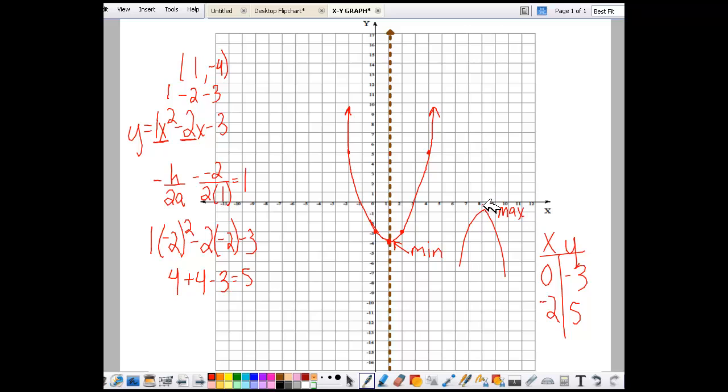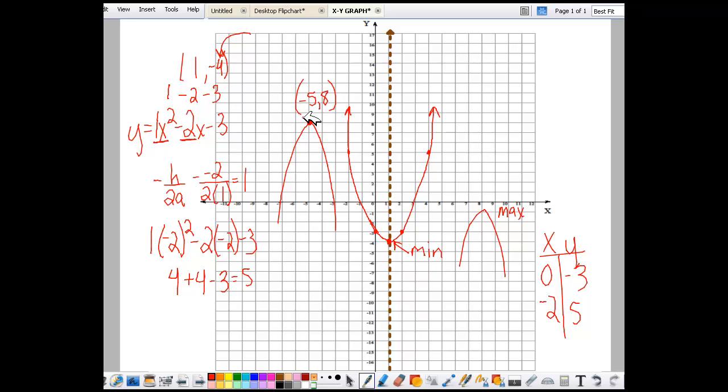Now, when they want minimum and maximum, they are only concerned with where it is on the y-axis. Okay? So the minimum of this function right here is the y-coordinate, which is negative 4. If my parabola looked like this, this would be a maximum value, and it would have a maximum value, even though this is, what is that, negative 5, 8.